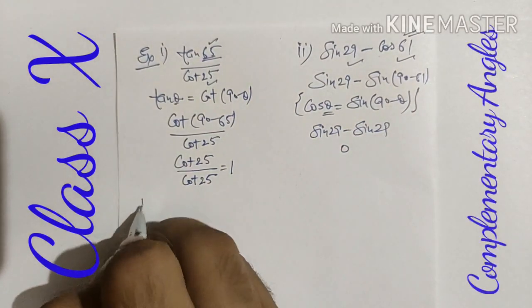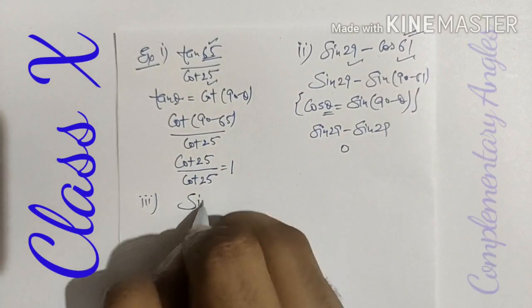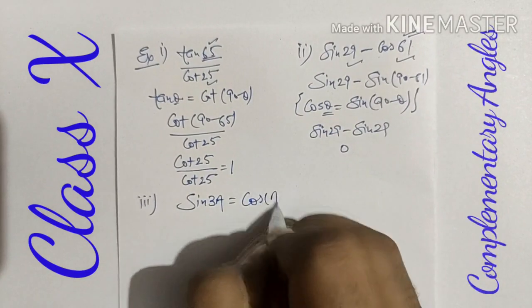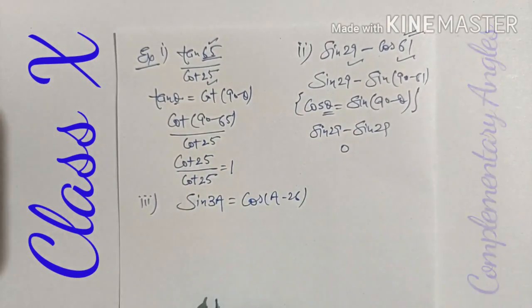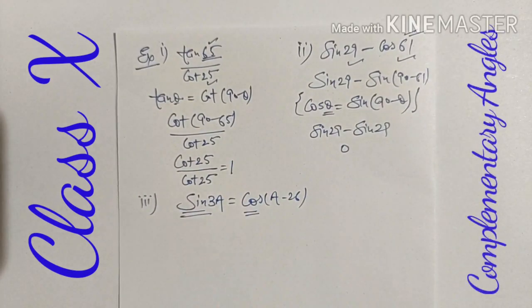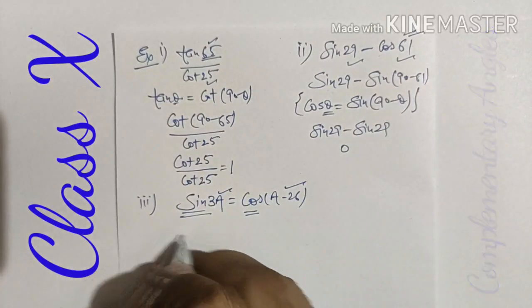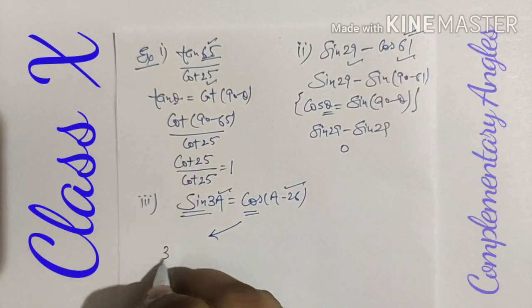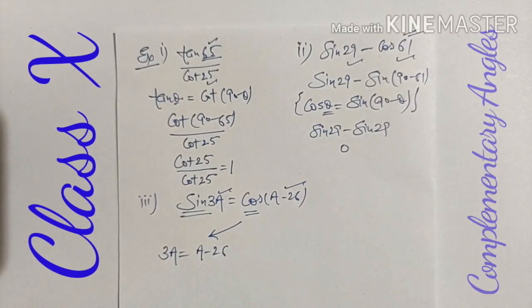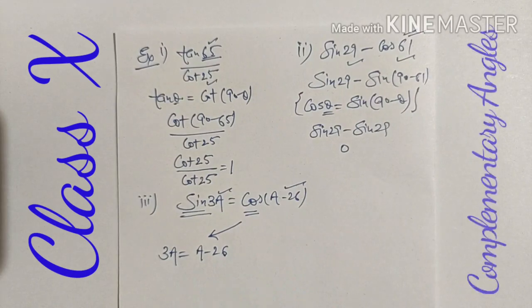We are taking another example here. Like this, sine 3a is given by cos of a minus 26. We know that sine and cos are a pair of complementary angles. So the sum of two angles should be 90. This is one of the methods.